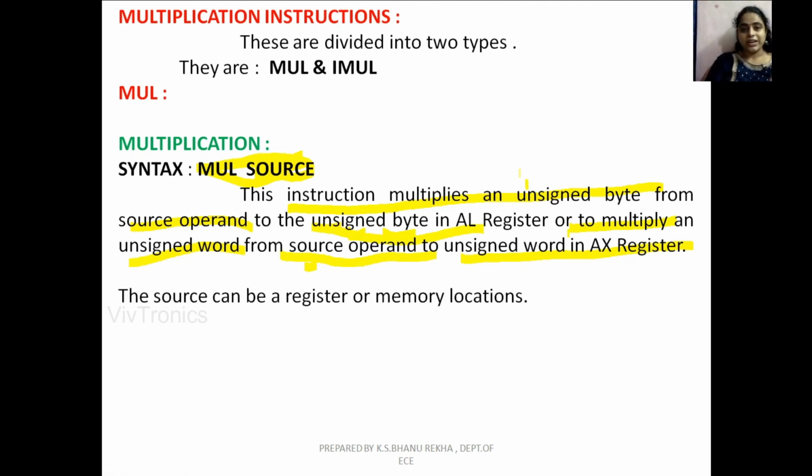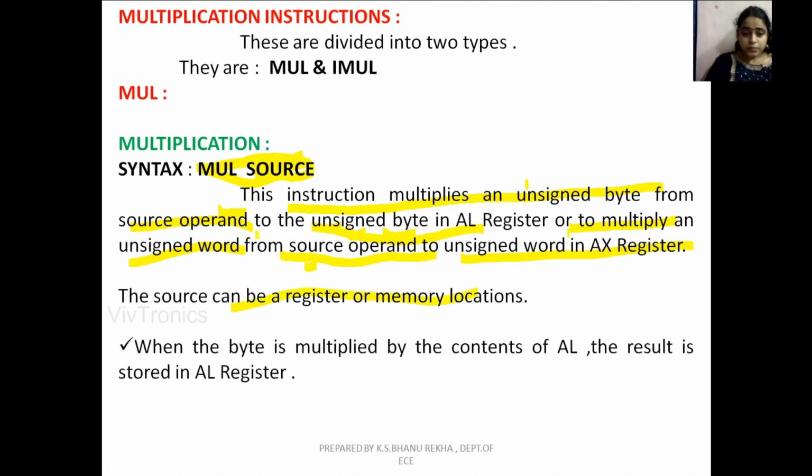Okay, so there are a few points that you have to know about this mul or div instructions. Those are common for all mul, imul, div and idiv. So let us see those points. The source can be a register or memory location. When the byte is multiplied by the content of AL, the result is stored in AL register. Okay, so by default the result also is stored in the accumulator itself.